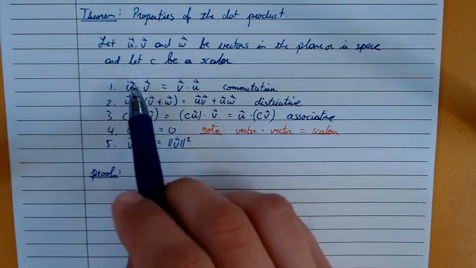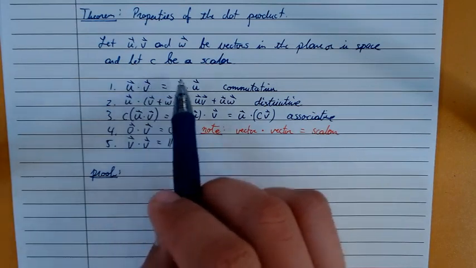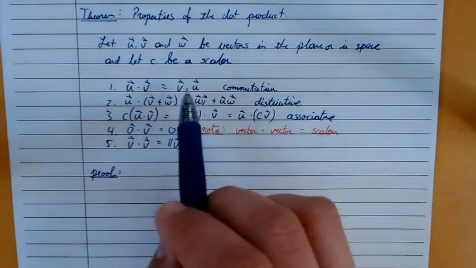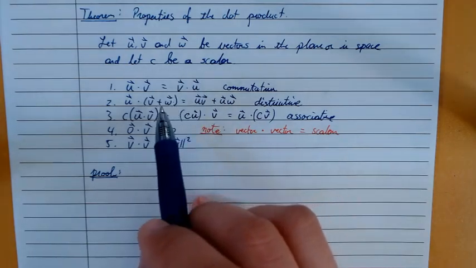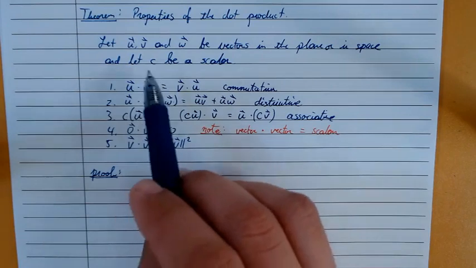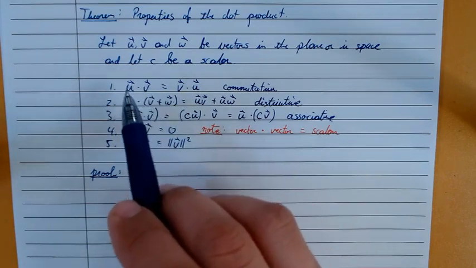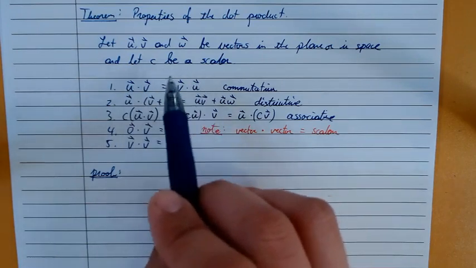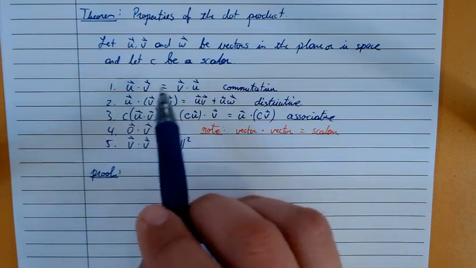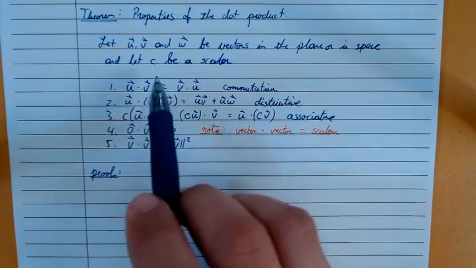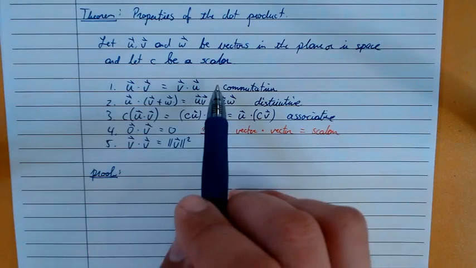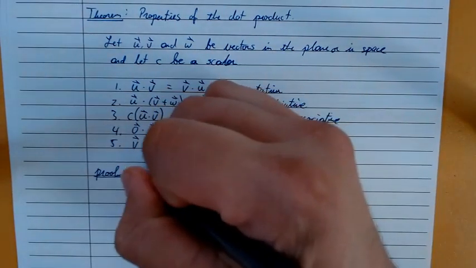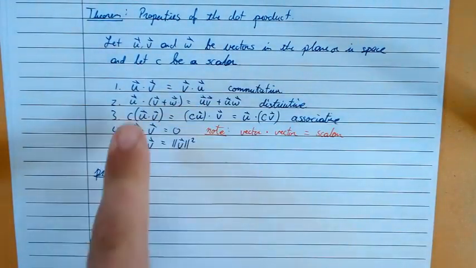Write everything in component form, simplify, and then write it back in vector form, and it should give you what's on the right. Here, that's no different. So instead of proving all of them, I'll go ahead and prove one of them. I believe your textbook proves the very first one, so I'll go ahead and prove the second one. So proof of number 2.